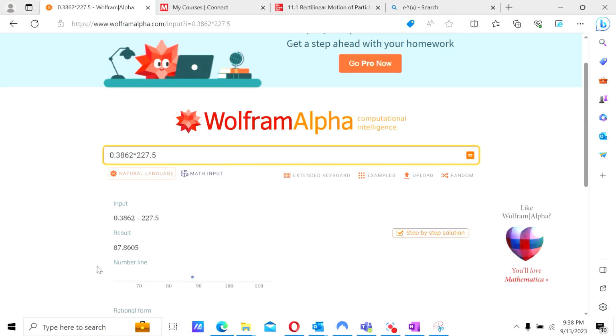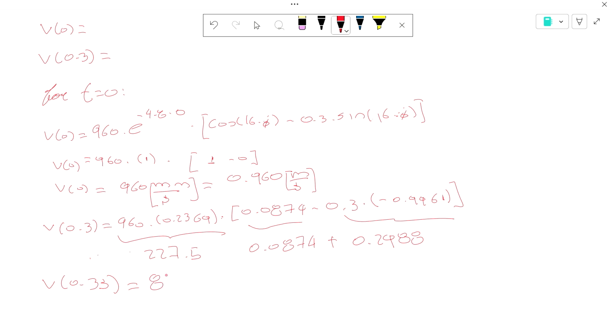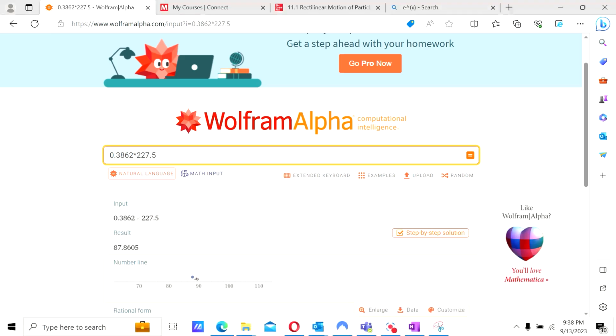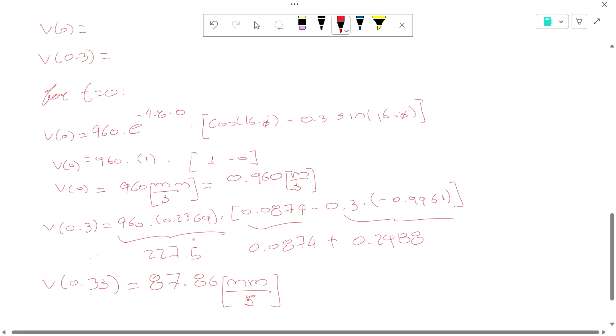Okay, that's 87.86. V at 0.3 seconds is equal to 87.86 millimeters per second.